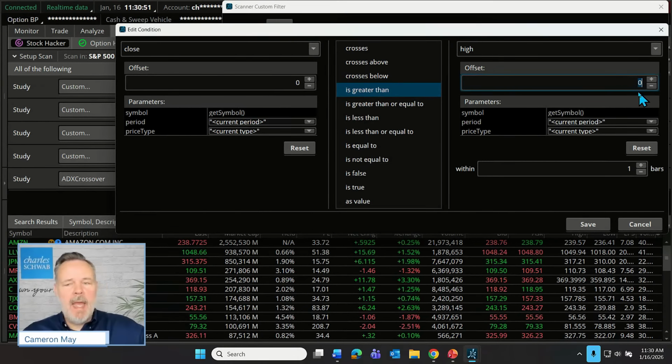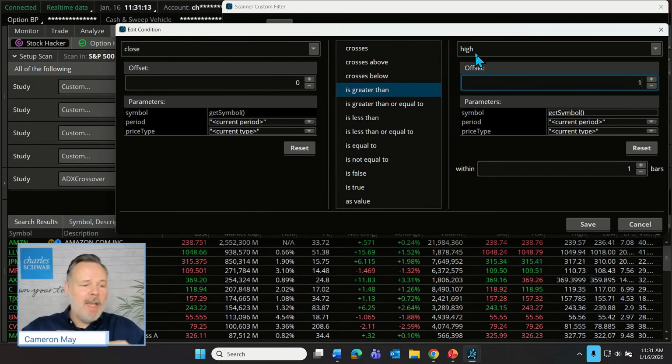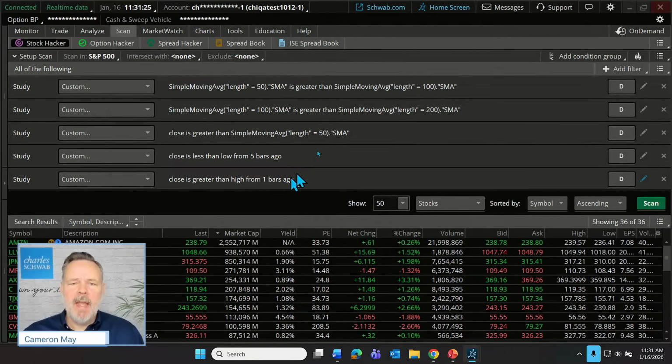So it's going to find us somewhere in between. Most commonly, we're going to see a series of red candles taking us down, and then at least one white candle taking us back up. It's not always going to be a white candle because we can be above yesterday's high and still be below today's open. Anyway, let's click Save. Let's click OK. And there is our pullback scan.